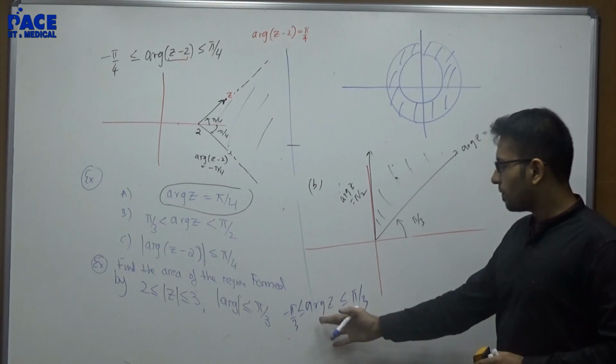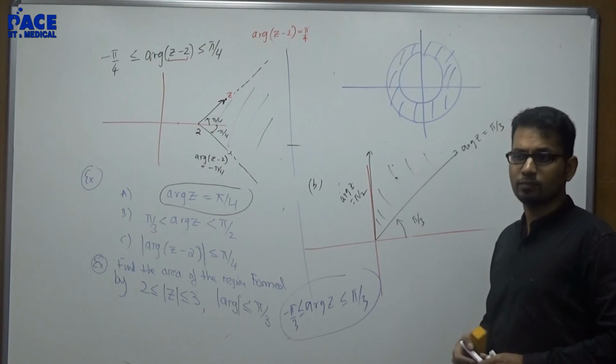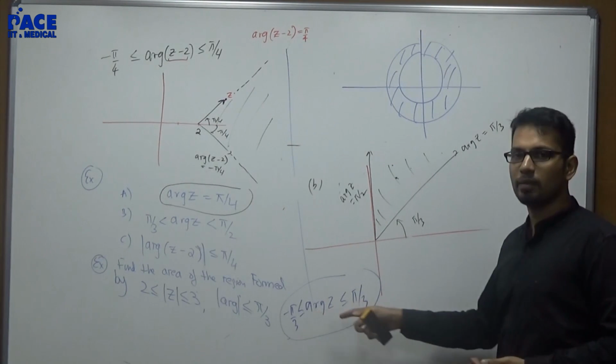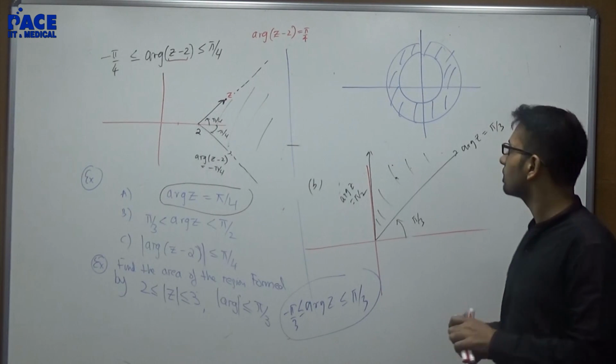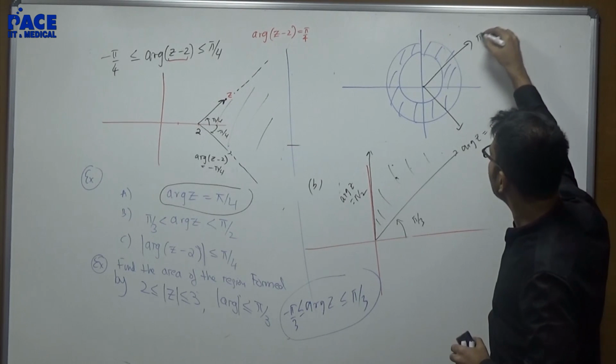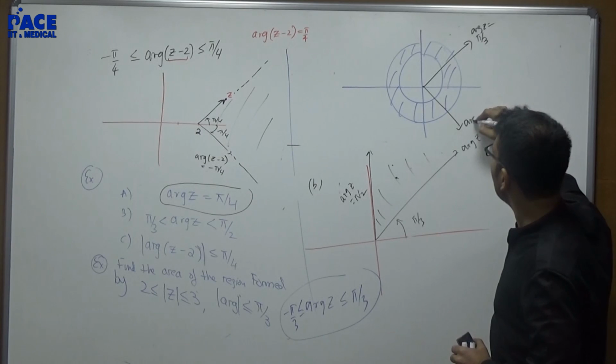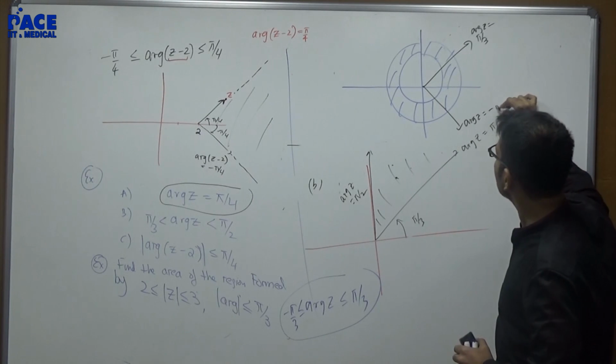So how would we represent this? arg Z between, हाँ ये argument pi by 3 है, ये argument क्या है minus pi by 3.